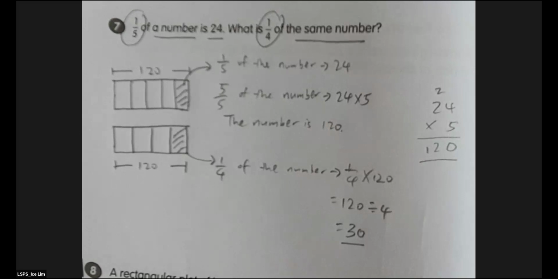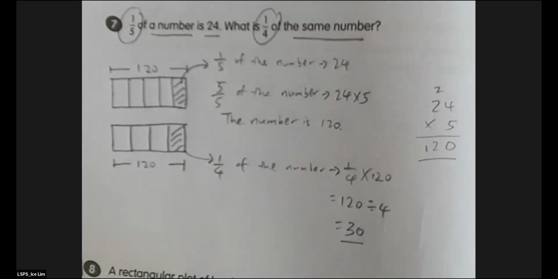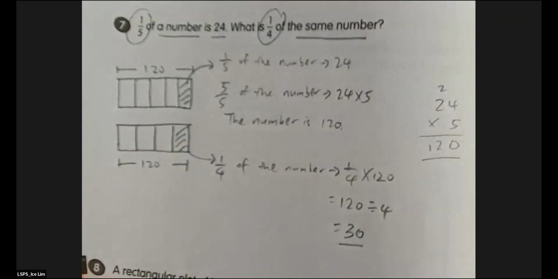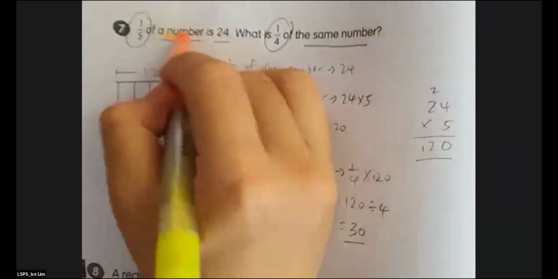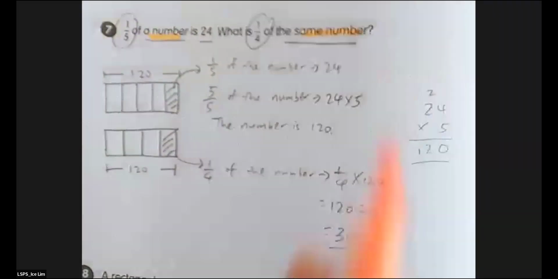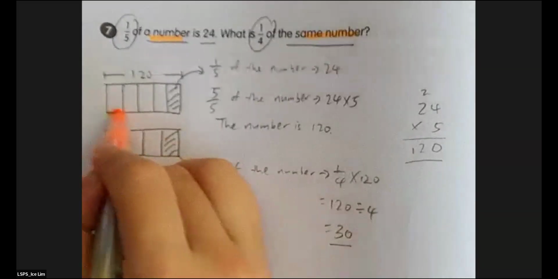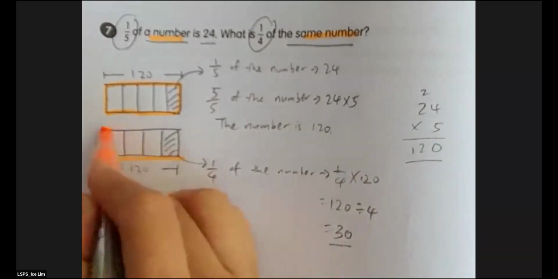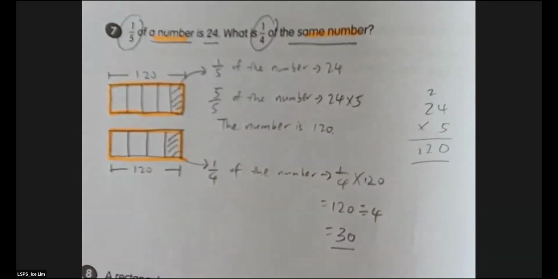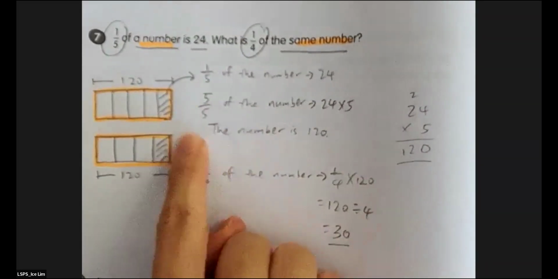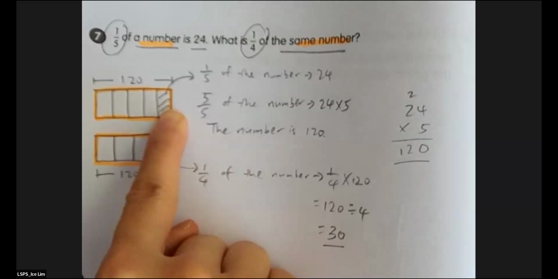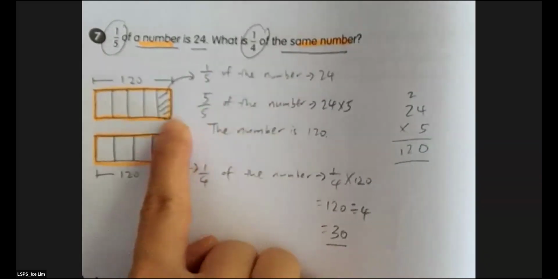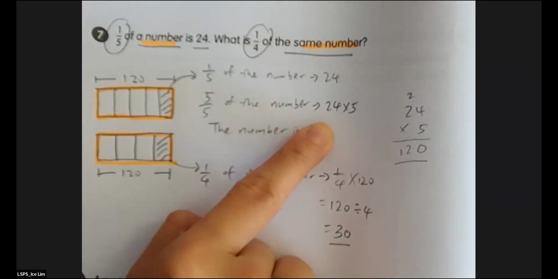Okay. So can you understand? So I established that this number is the same as this number. You're talking about the same thing, but I'm cutting it into two different kinds of parts. First, cut it into 5 parts.